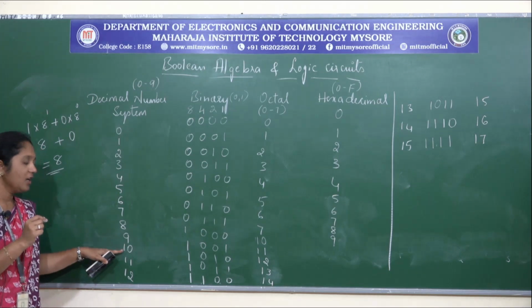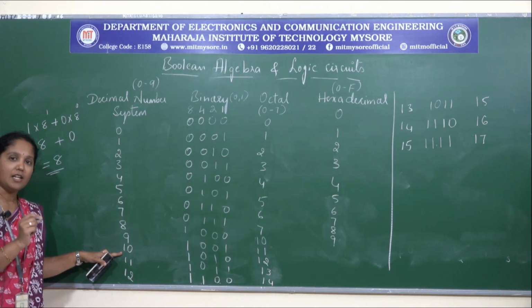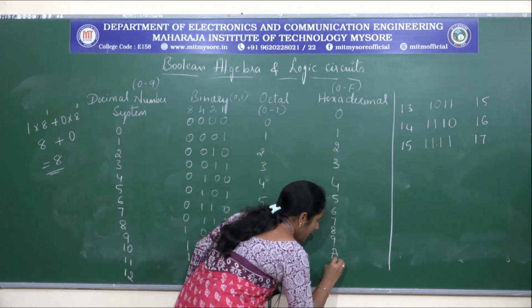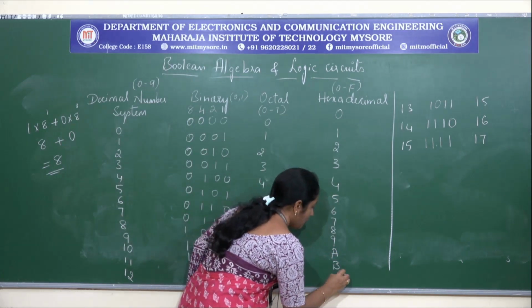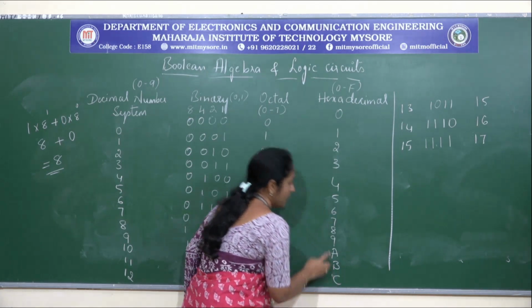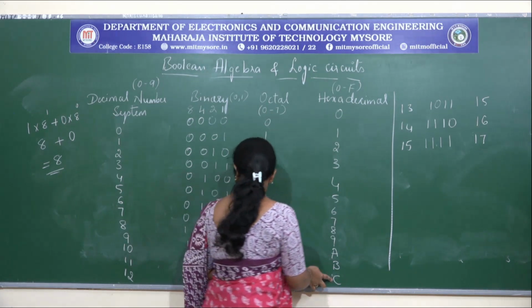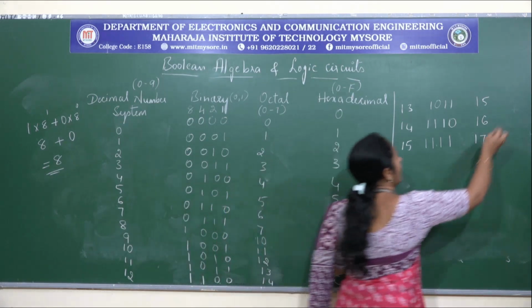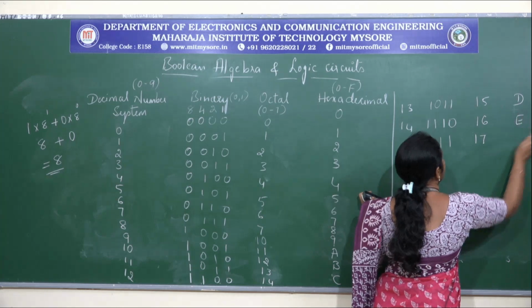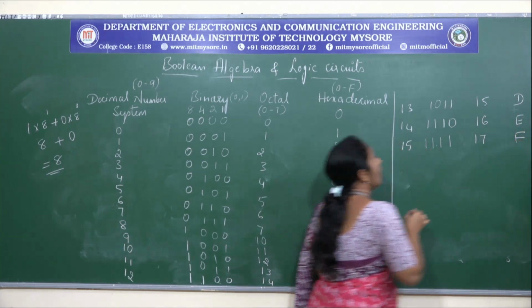We will not write 10; we will write capital A instead of 10. So A, B, C: 9, 10, 11, 12. And how do we represent 13? D, 14 is E, 15 is F.